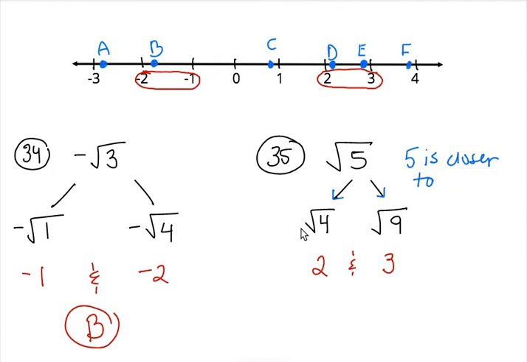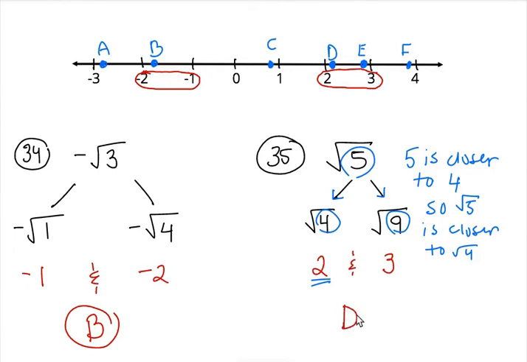Now, not square roots, but if we look just at perfect squares, which number is 5 closer to, 4 or 9? 5 is closer to 4. So square root of 5 is closer to the square root of 4, which means it's closer to 2. Which of these points is closer to 2? D.